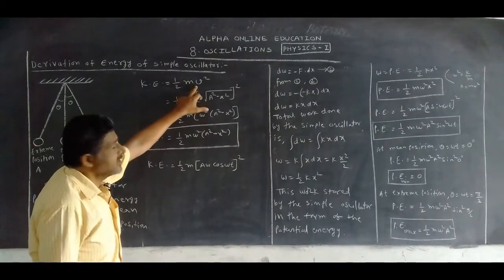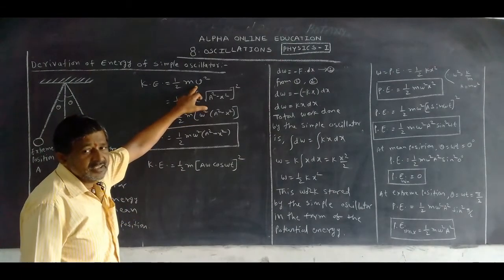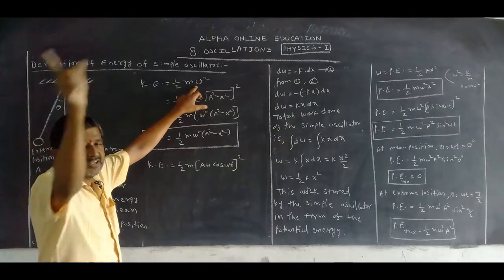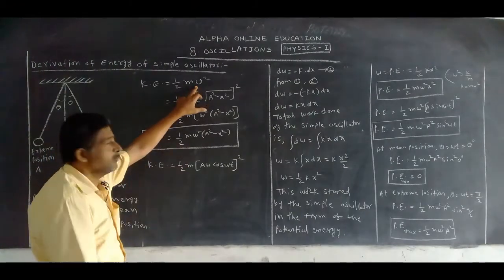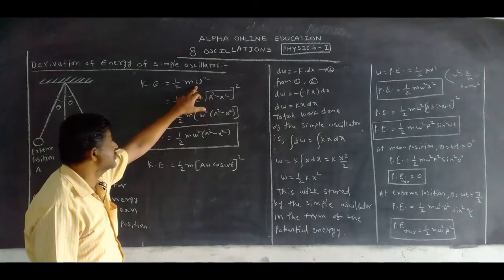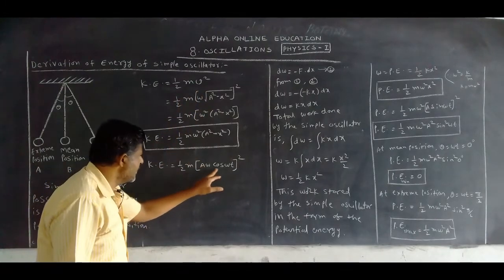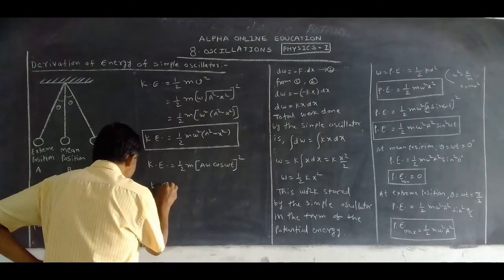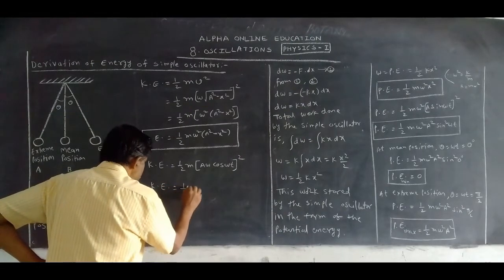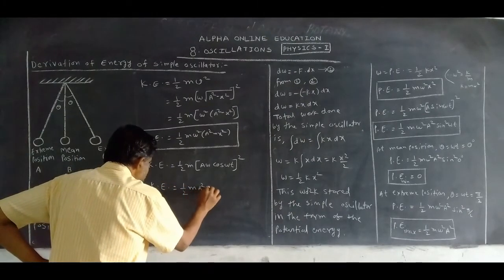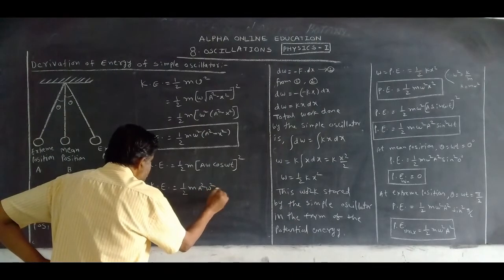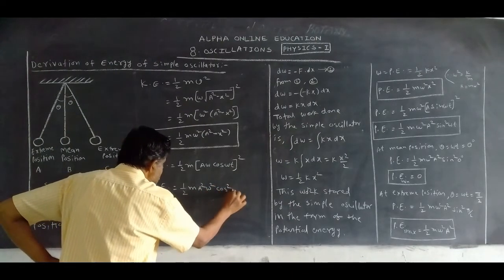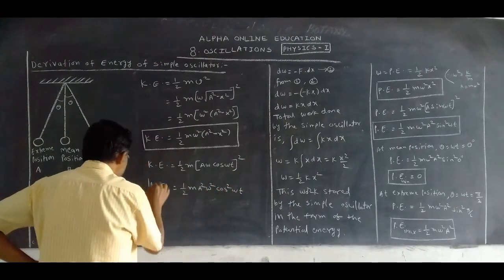What is the velocity of the simple oscillator? We proved it in the circular motion of the particle with uniform velocity. v is equal to a omega cos omega t. So kinetic energy is equal to half m a square omega square cos square omega t.